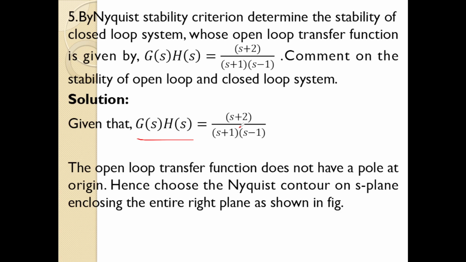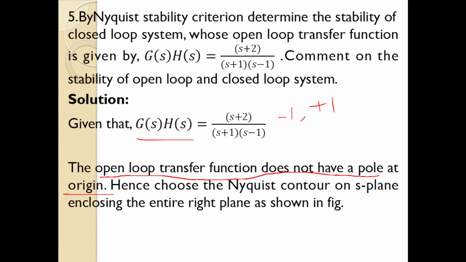The zero is at minus 2 and the poles are at minus 1 and plus 1. So there is no pole lying on the origin. In this open loop transfer function, it does not have any pole at the origin on the s plane.